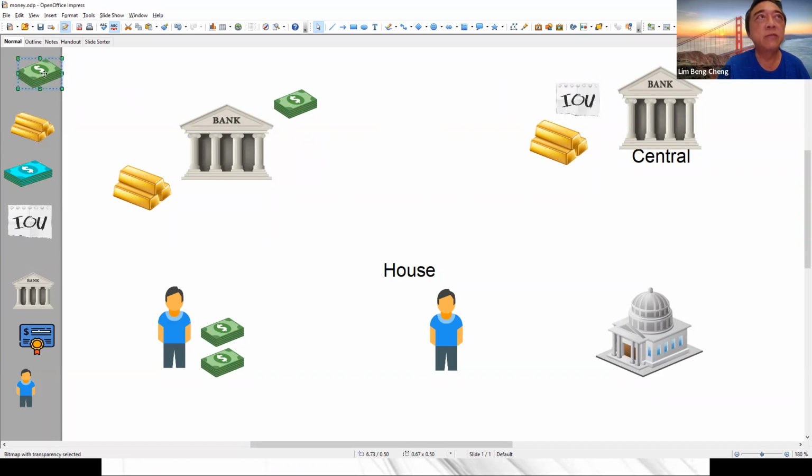The central bank, no problem. They can always create money. Okay, the central bank can always have money, but this money is backed by this IOU.